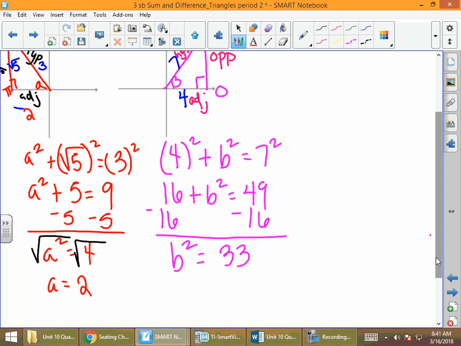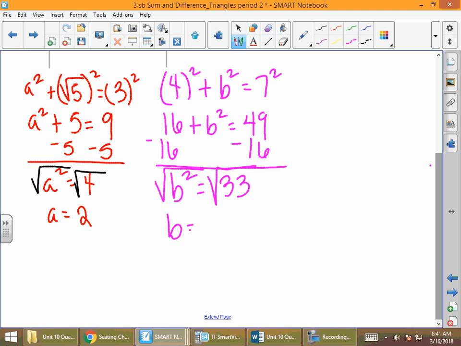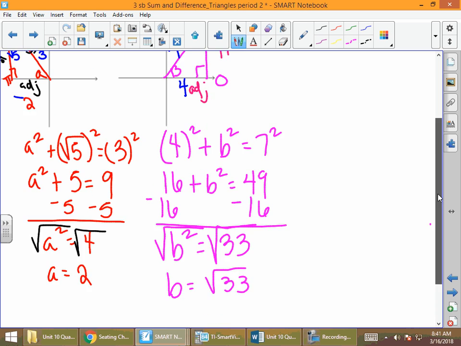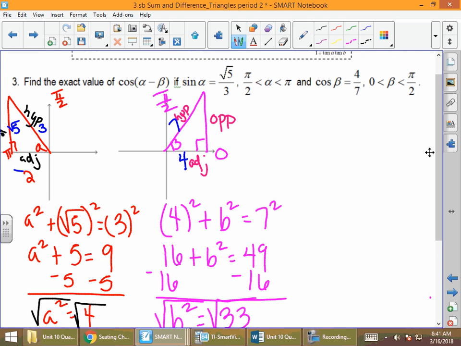And then when we take the square root of both sides, we're going to end up with b equals the square root of 33. So luckily in our first 2 examples, we didn't have any radicals in there, but we've got one now. Square root of 33.